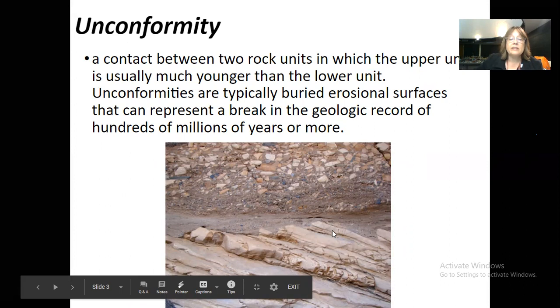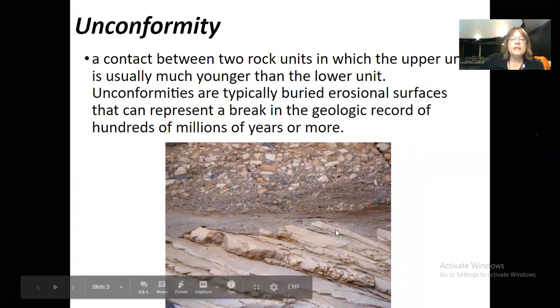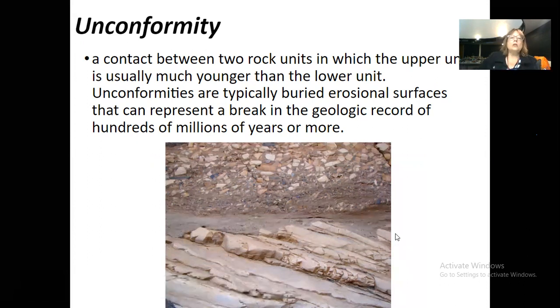These layers beneath it are no longer flat and horizontal. They have been tilted. You would expect that there had been more material that extended this way, and it is now gone. So it has been removed through the process of weathering and erosion. So the material that's below the erosion surface could be many hundreds or millions of years older than the material above the erosion surface.